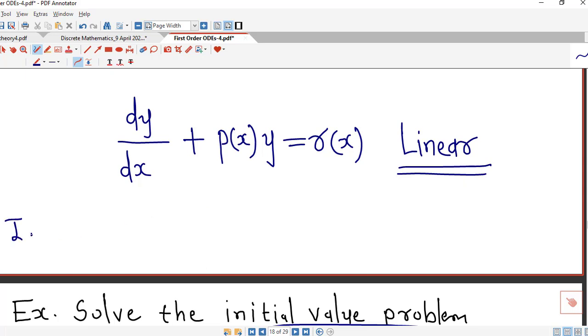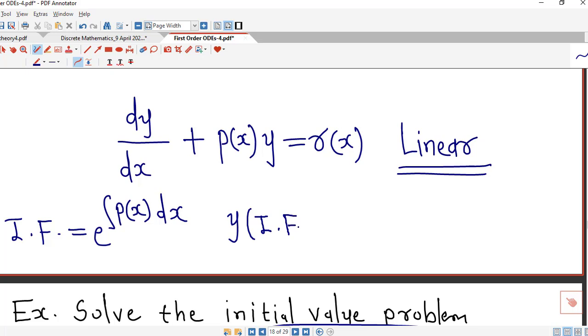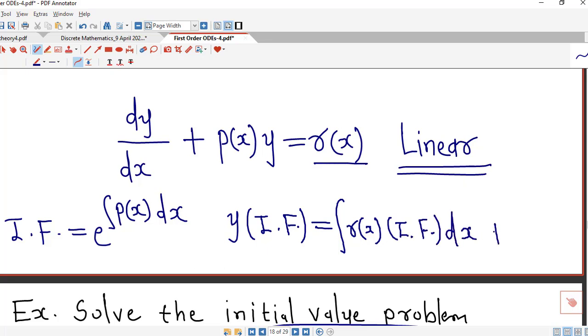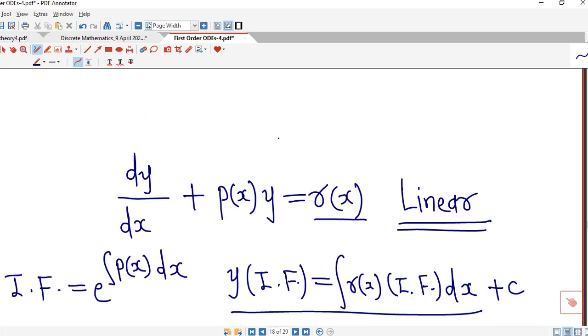Its solution can be obtained by using an integrating factor. The integrating factor is given by the formula e to the power integral of P(x) dx, and the general solution is given by y times integrating factor equal to the integral of R(x) times integrating factor plus c, where c is an arbitrary constant. So this is all about today's session.